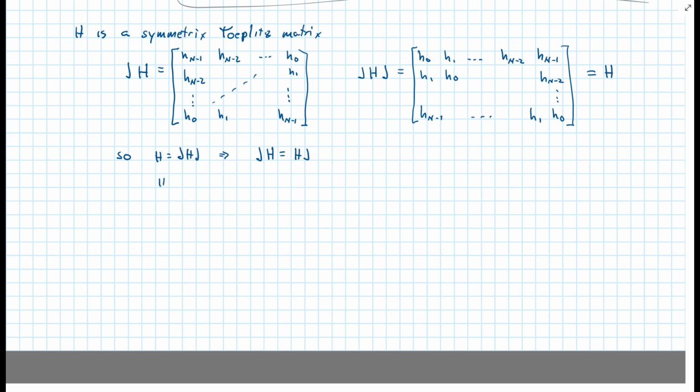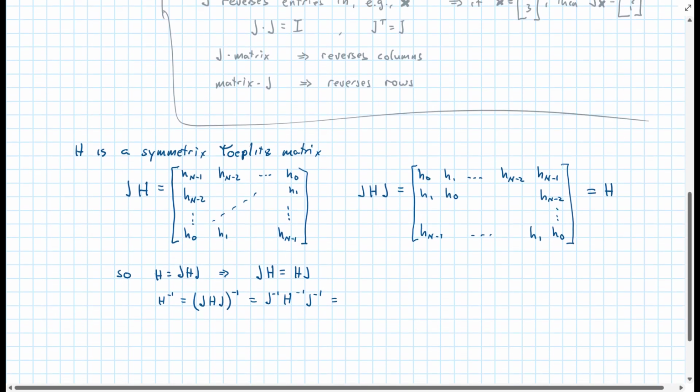And h inverse, then using our identity up above, it's going to be that inverse, which would be J inverse, h inverse, J inverse. We reverse the order, but it's a palindrome anyway, so it doesn't really matter.